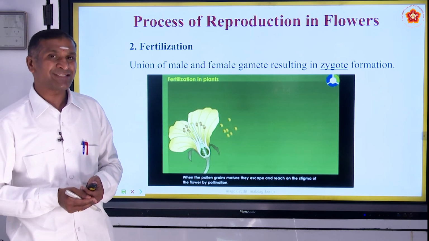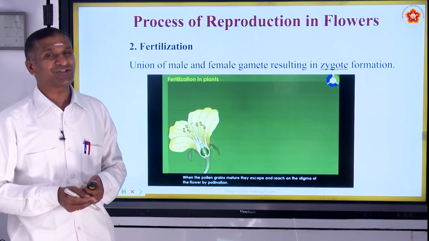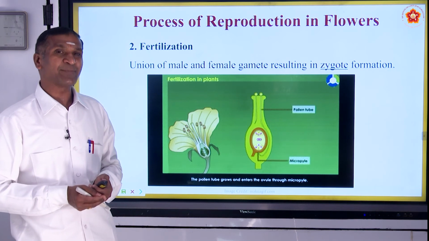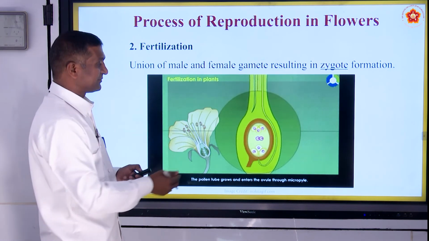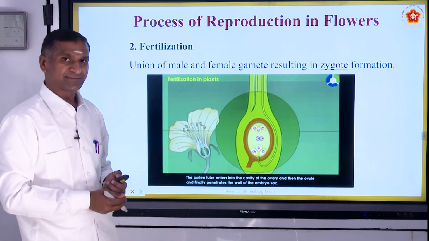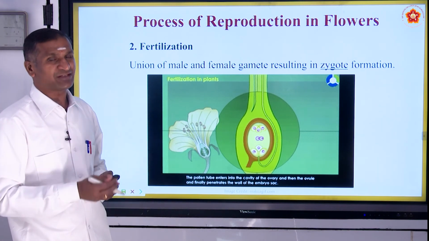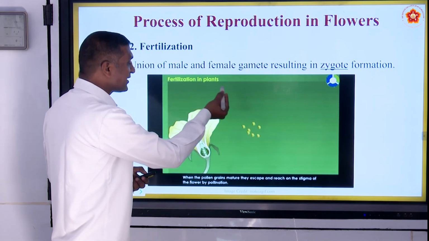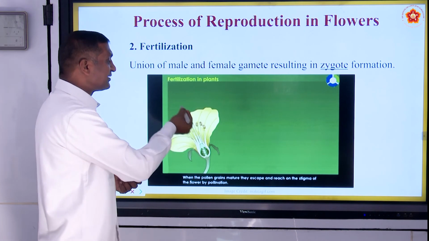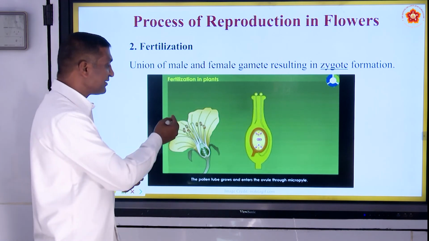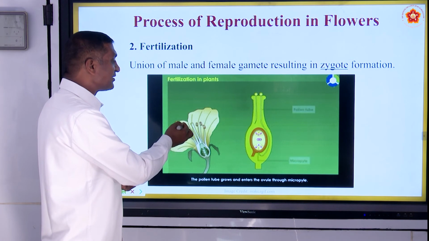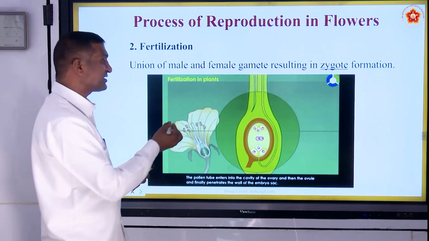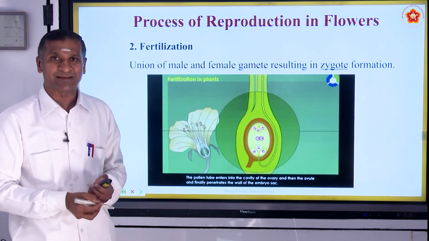The pollination leads to fertilization, where in pollination you can observe that the insects, one of the agents for the pollination process, fly and come and sit on the anthers. Then they transfer the same pollen grains that are stuck to the legs of those insects when they sit on the stigma, which is sticky.